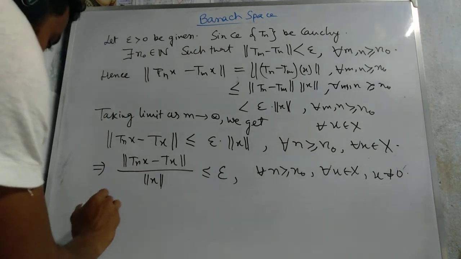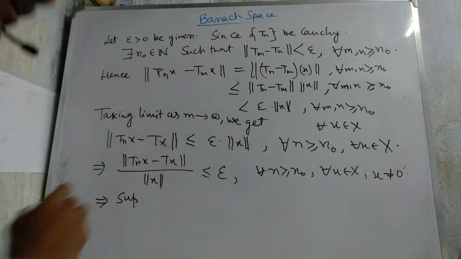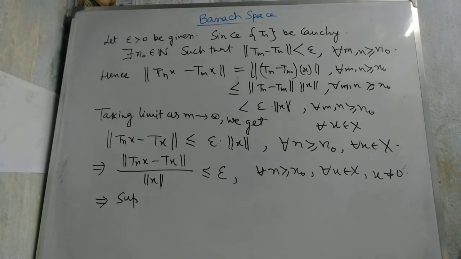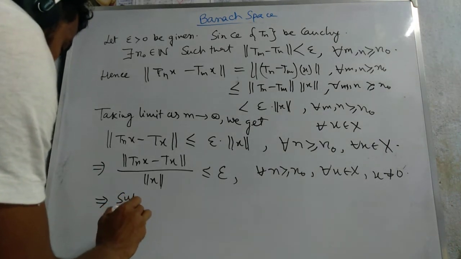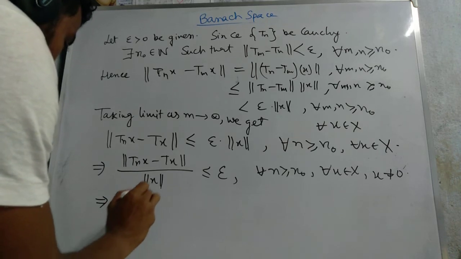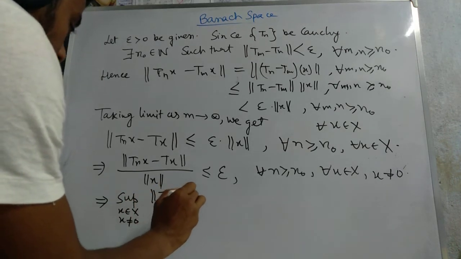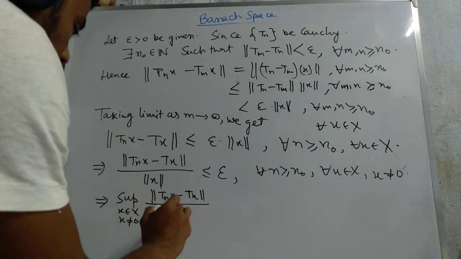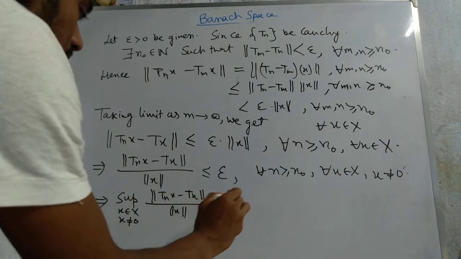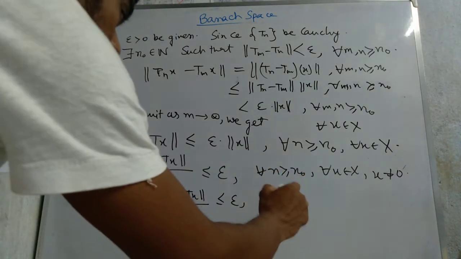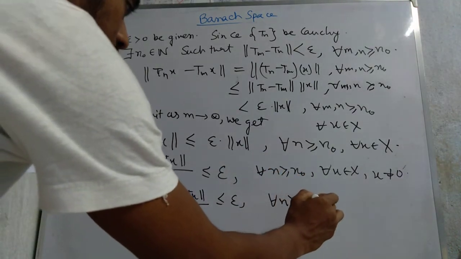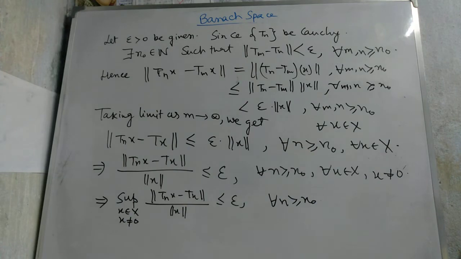Now we do this by taking the supremum. Supremum over x belonging to X, x not equal to 0, of norm of Tₙx minus Tx by norm of x is less than or equal to epsilon for all n greater than or equal to n₀. Hence what we get?